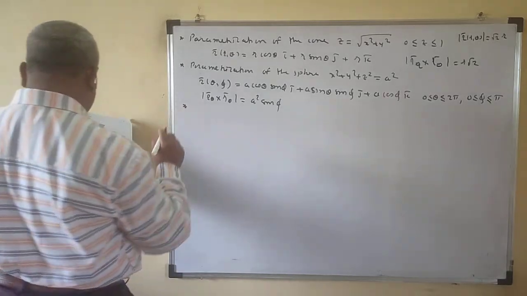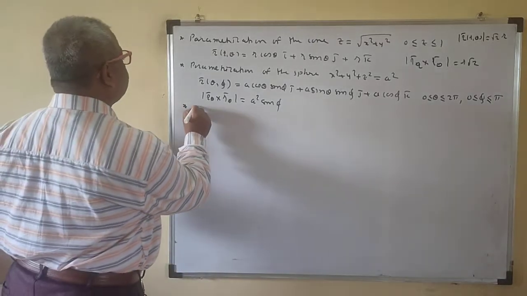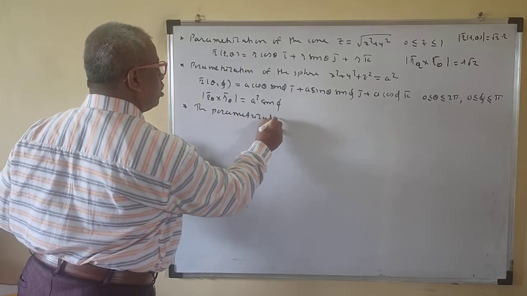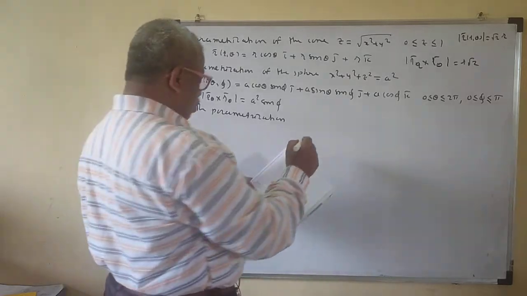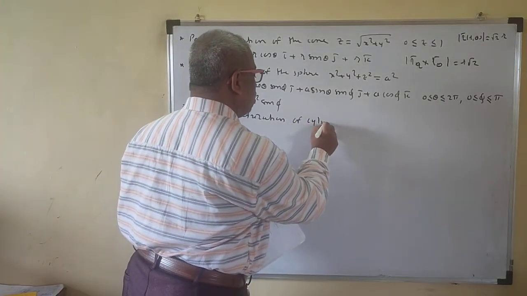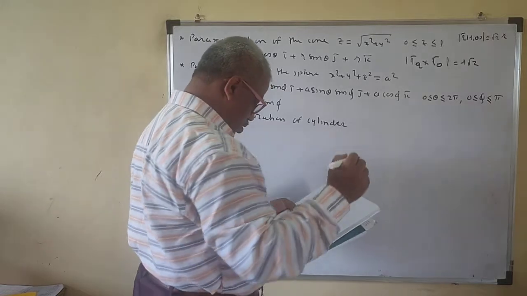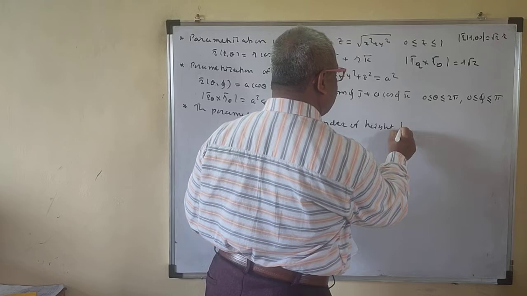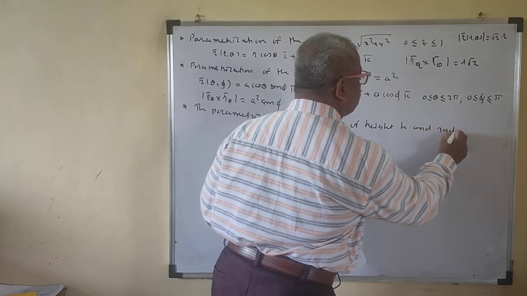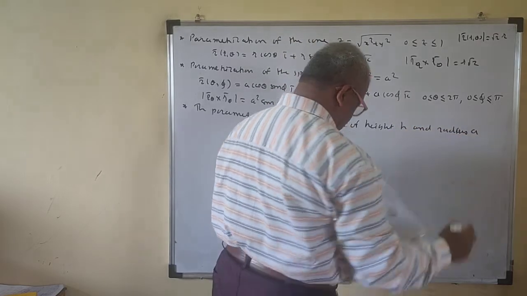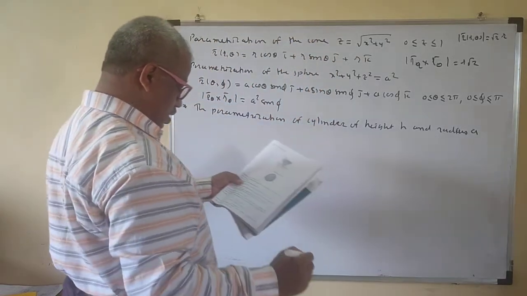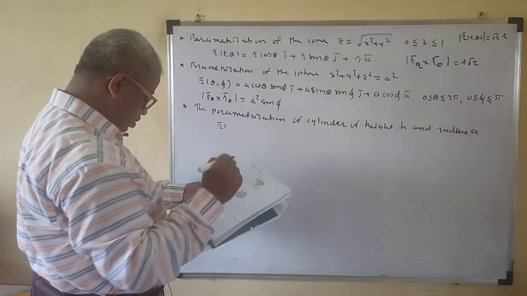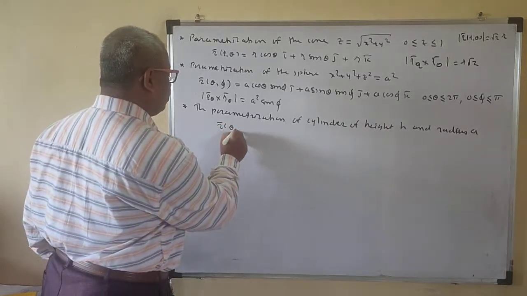Next, the parameterization of a cylinder of height h and radius a. So this is r bar of theta, z.